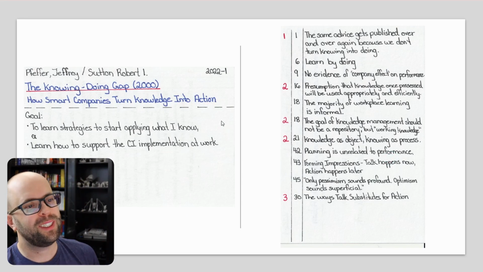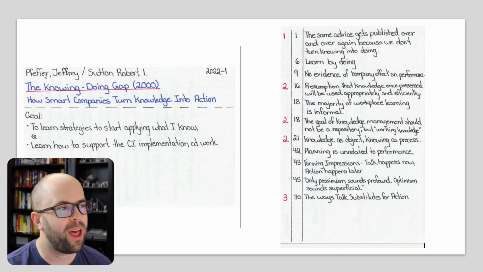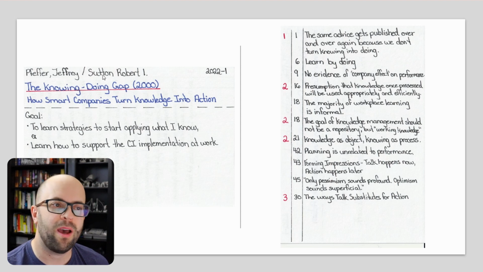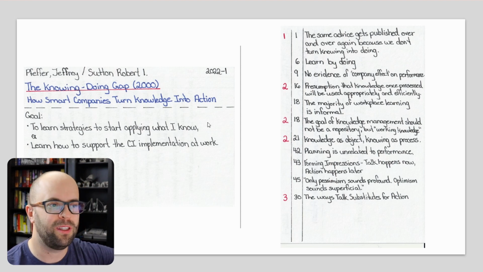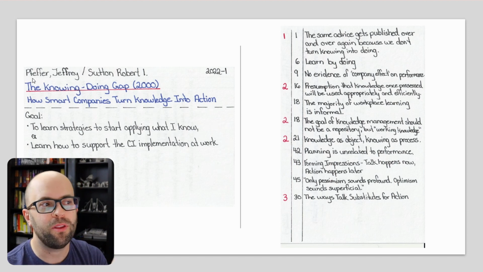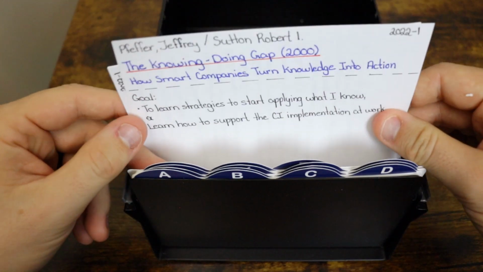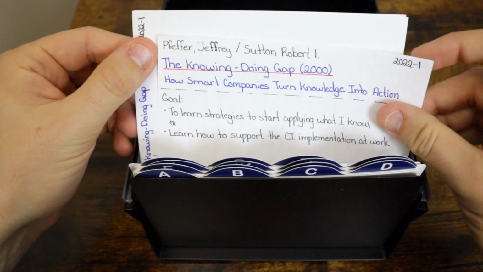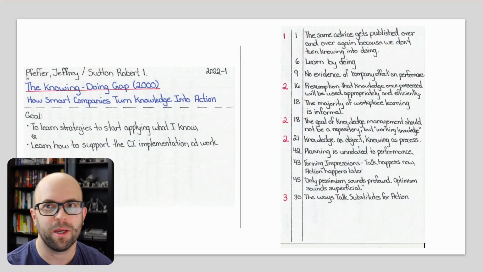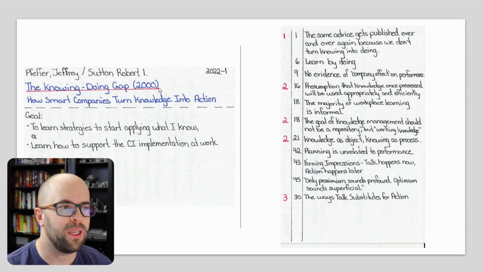So here you can see that I now have the author's name at the top, and I've also switched the view to landscape instead of portrait, and I put their last name first because that is how I'm going to be putting the cards in the slip box. So I want that to be the first letter that I see. And I still have the name of the book, the year that it was published.